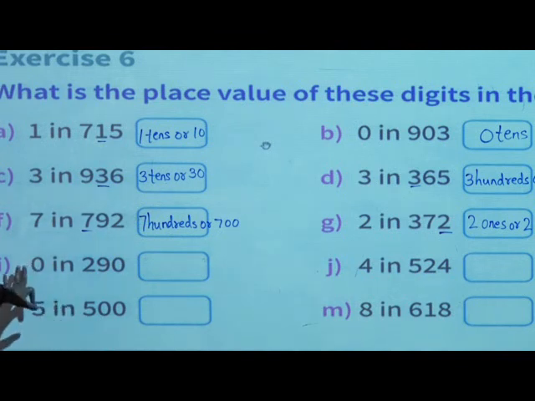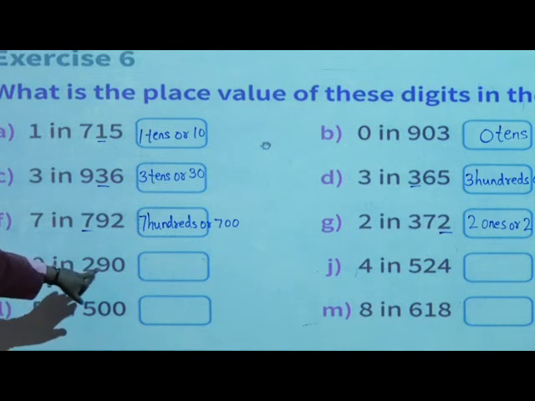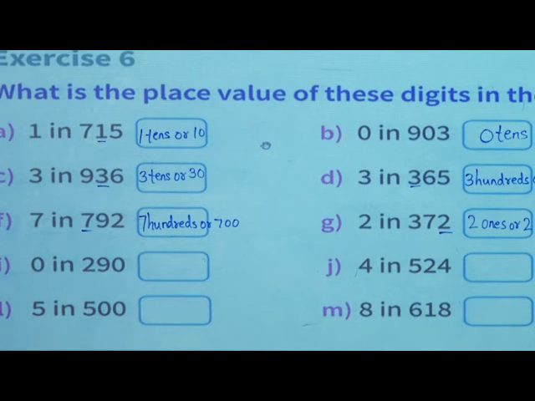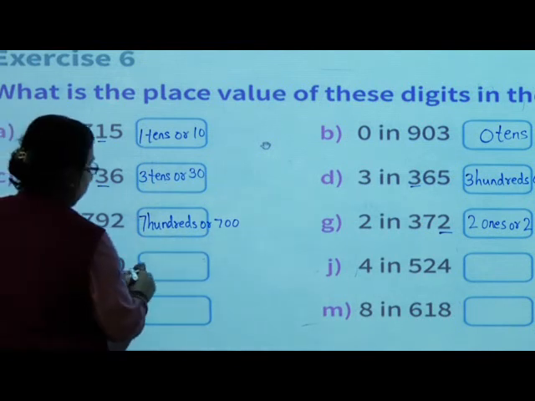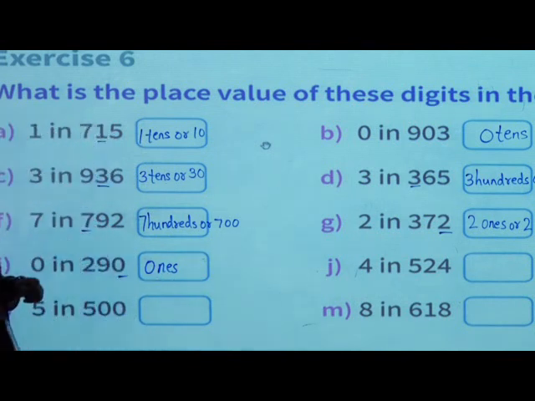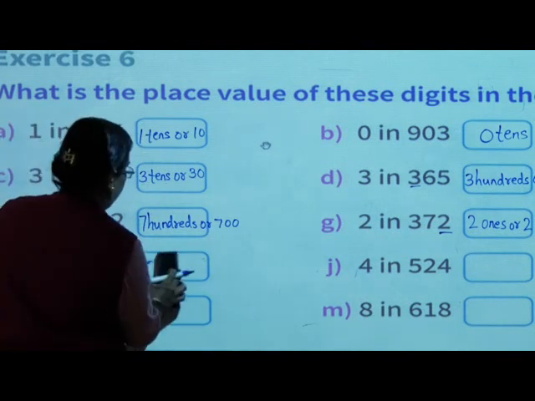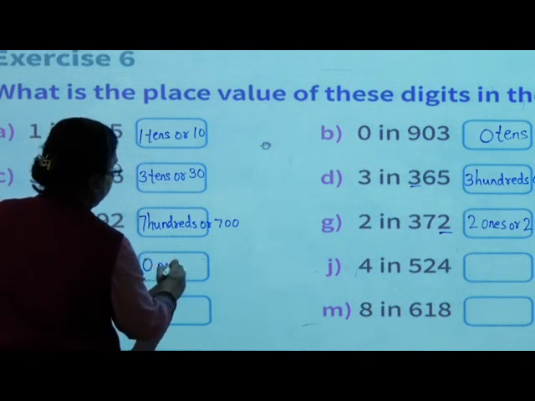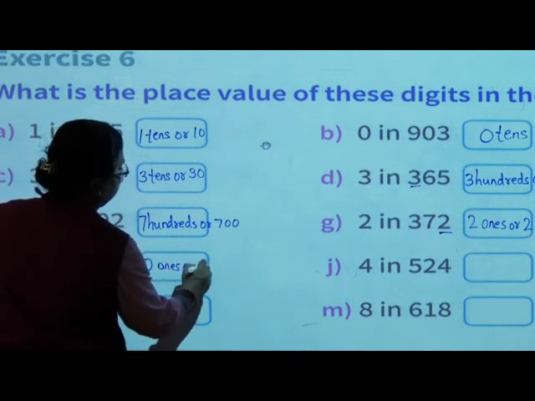Write down first. Now see here, 0 in 290. This is 200s, 9 tens and 0 ones. Now 0 ones means nothing. So 0 ones or 0.